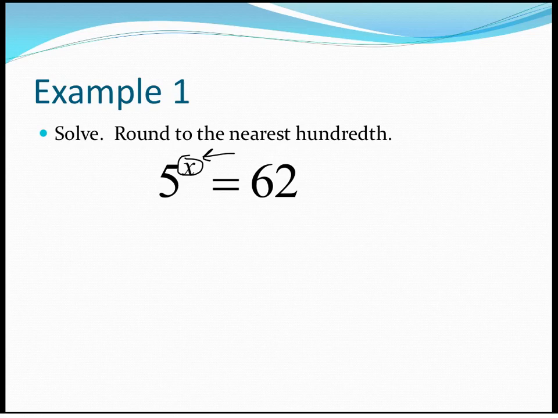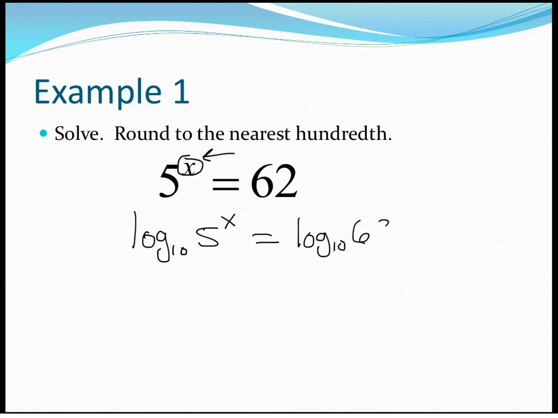So the way that we work with this is we introduce a log, and it's just basic algebra. We use log base 10, and so I'm going to put log base 10 on one side, and what I do to one side I have to do to the other. There's a balance here because I put a log on both sides. Now that I have this common logarithm, I'm going to be able to apply this property where it says, if I have a log of some base of some number, I can take this exponent and rewrite it in front.